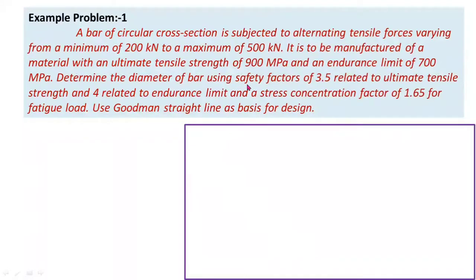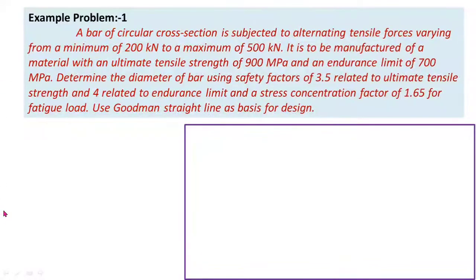Determine the diameter of the bar using safety factors, that means a factor of safety of 3.5 related to ultimate tensile strength and Fs equal to 4 related to endurance limit, and a stress concentration factor of 1.65 for fatigue load. Use Goodman's straight line as a basis for design. This is the given question.